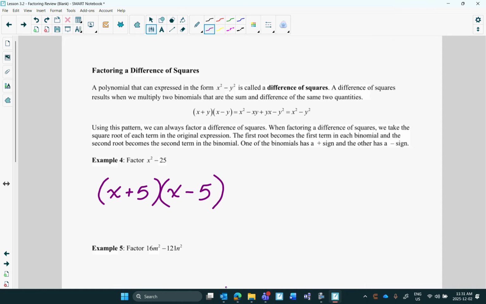So when we see a difference of squares, it'll always be 2 binomials times each other. It will always be plus and minus signs. And how do I find the first 2 terms? It's what times itself gives me x squared. How do I find the last 2 terms? It's what times itself gives me 25.